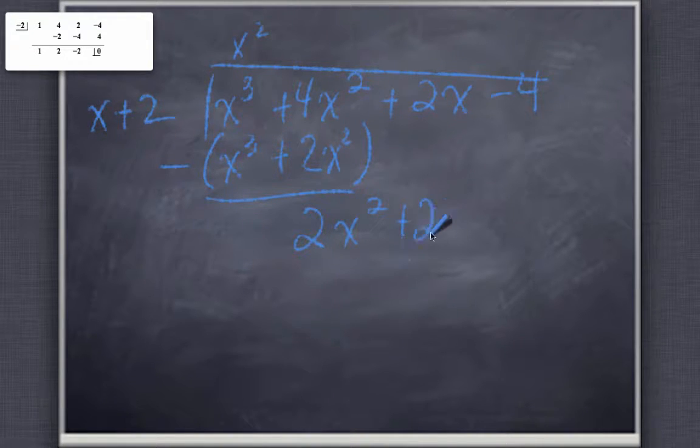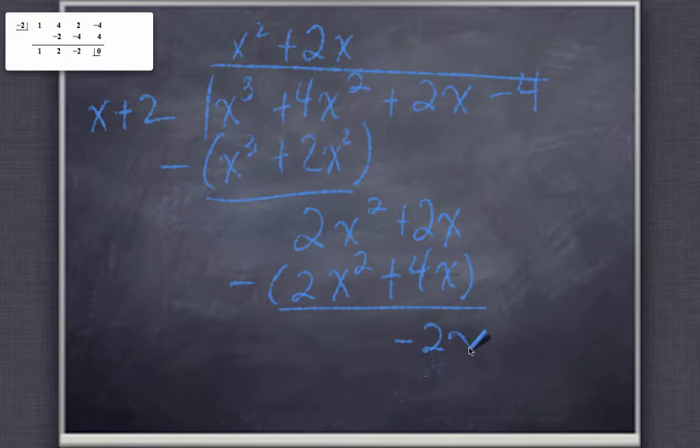Bring down the 2x. So 2x squared divided by x is 2x. 2x squared plus 4x. So minus 2x, bring down the minus 4, minus 2 times those.